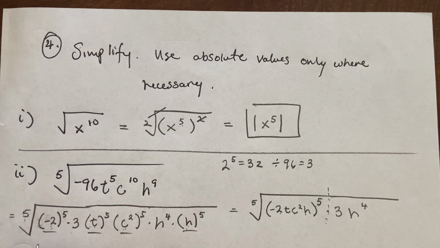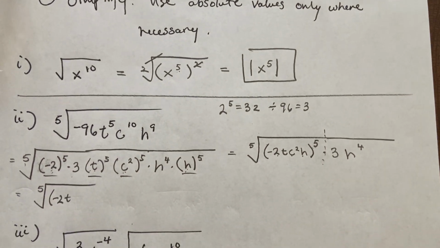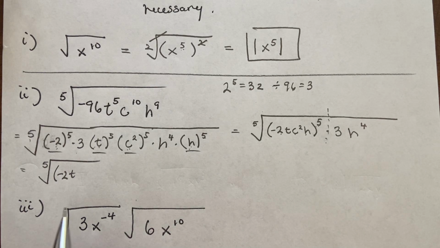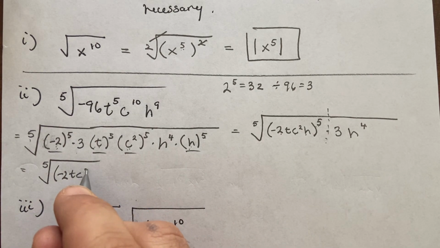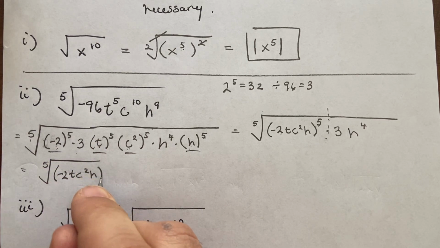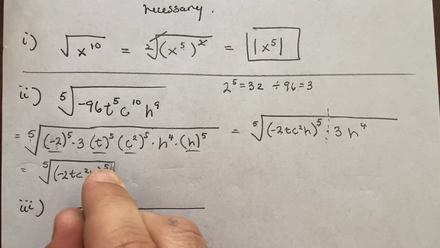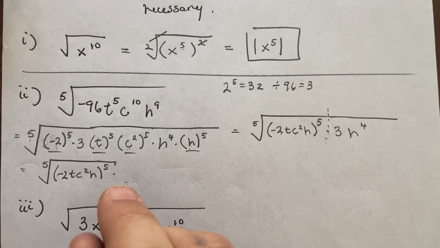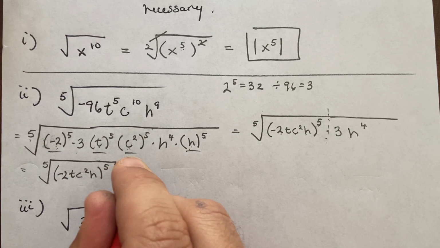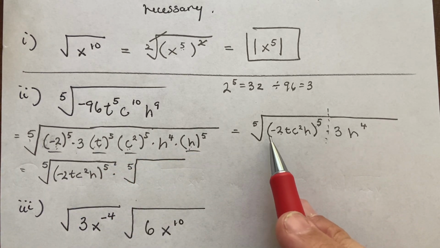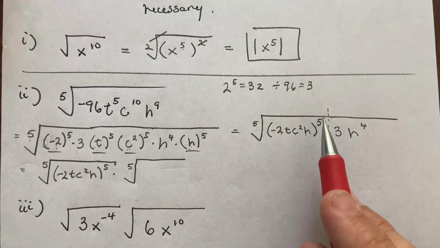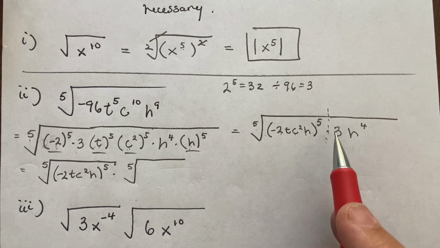Okay, so I have the fifth root of negative 2t, sorry. So that was the fifth root of negative 2t c squared h, all to the fifth, times the fifth root. Don't forget to write the fifth root, right? If we're splitting this up across that fifth root, we have now 2 fifth roots.